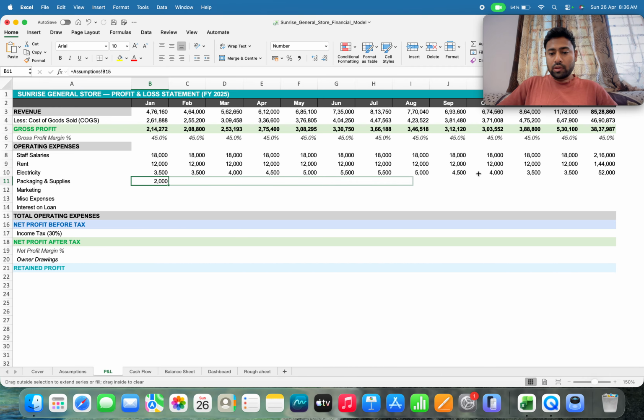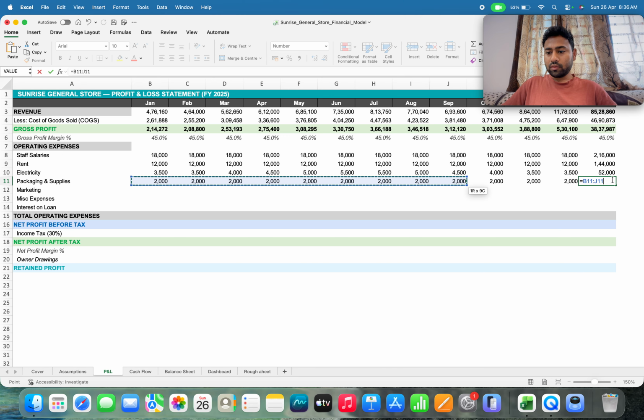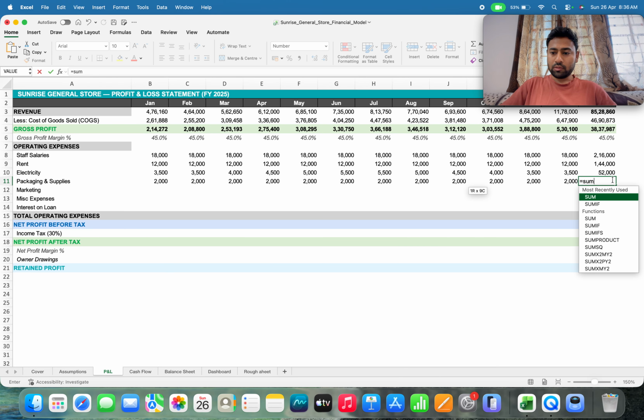So again we have to drag this. We will get here from, no, I'm doing it wrong. We will do the summation part here.